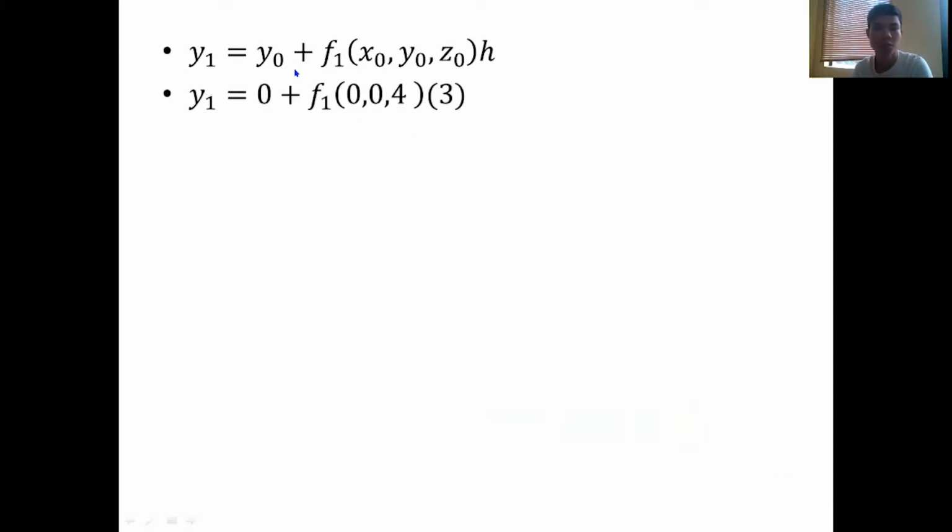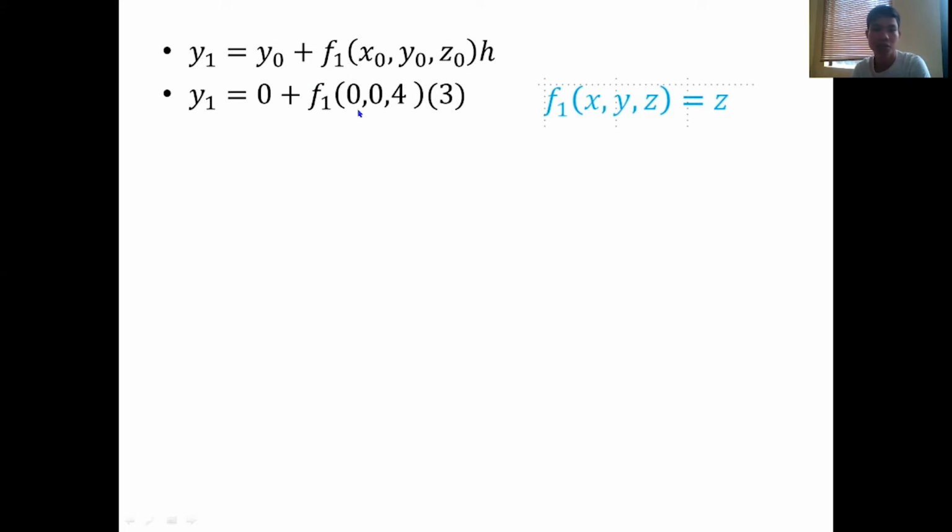So substituting our initial values for solving for y1, we have y0 equals 0, x0 equals 0, and z0 equals 4, multiplied by the h, which is 3. And this is function 1. Recall our formula for function 1: f(x, y, z) is just equal to z.